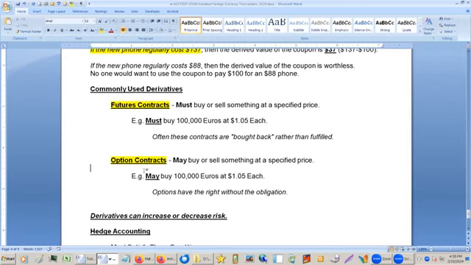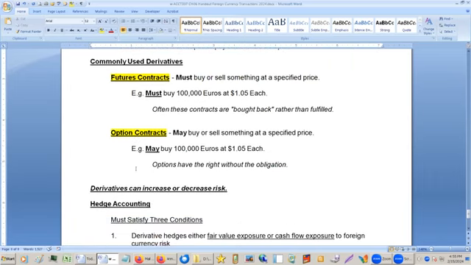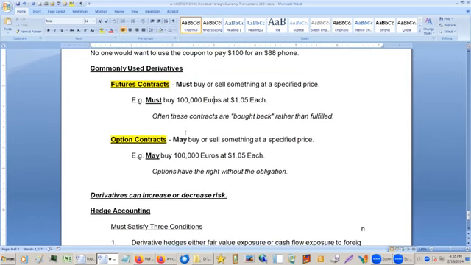So with futures, you must follow through with the contract. Options contracts, you may. And so the value of these contracts is basically based on what the exchange rates are. So the changing of the exchange rates will change the value of these contracts. That's why these are called derivatives, futures and options.